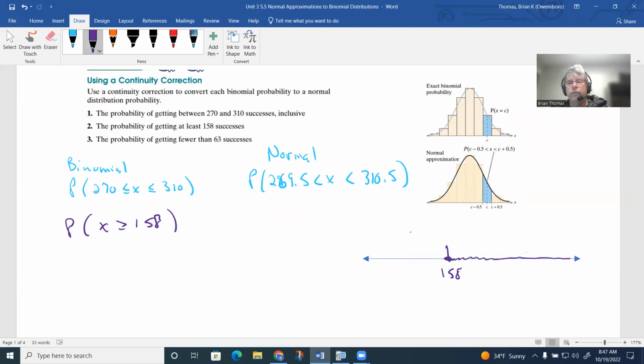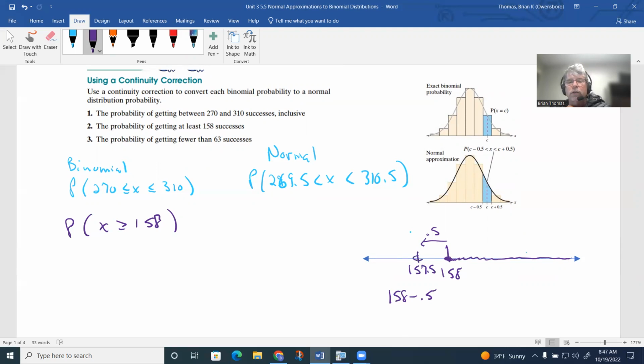So that's what we want. Now, to do the normal, since we're including the 158, we have to go to the left of 158 by 0.5 units to create the continuity correction. So actually, you would have to subtract the 0.5 from the 158, and that would give me then this 157.5.